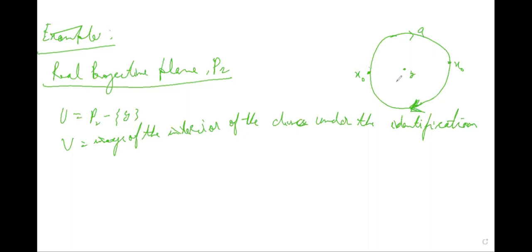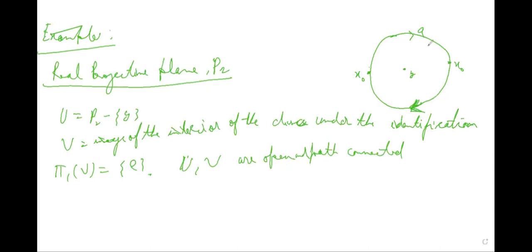Now again you can see that pi1 V is trivial, and this U and V also are open, path connected, and U intersection V is again this open disk with the point y removed.